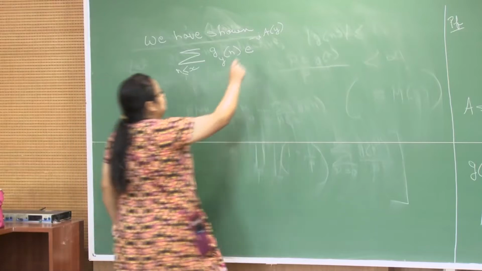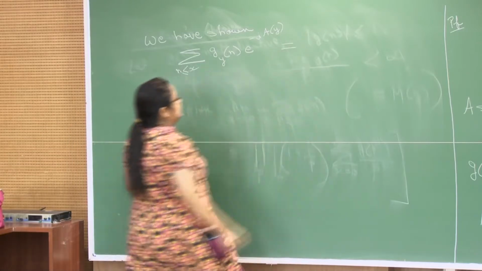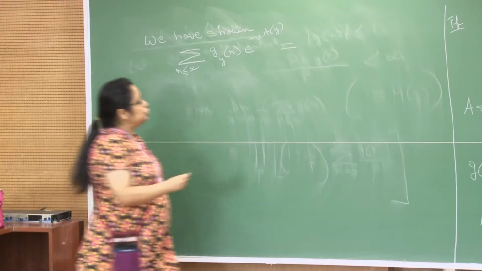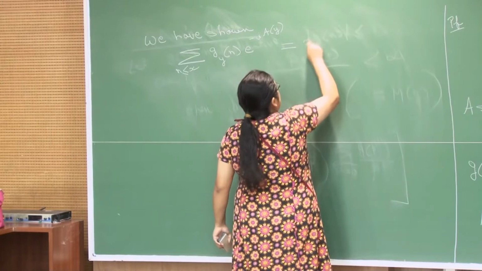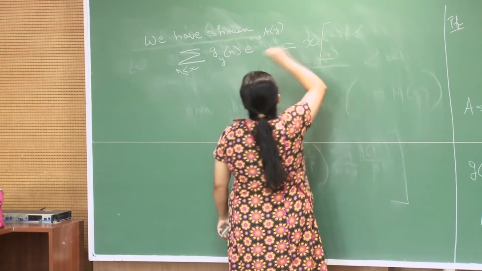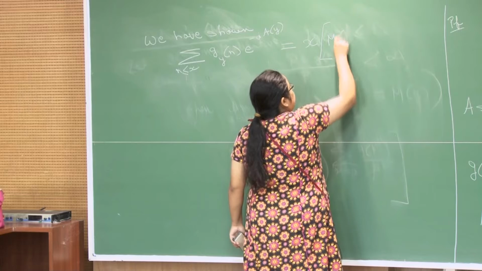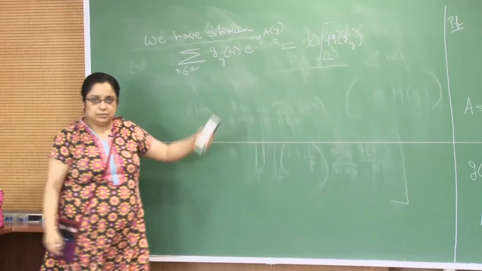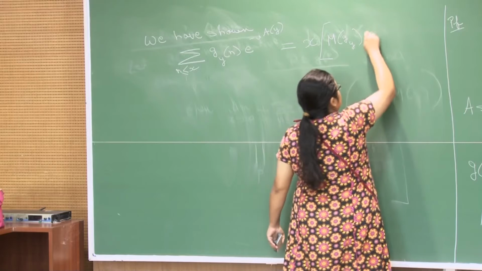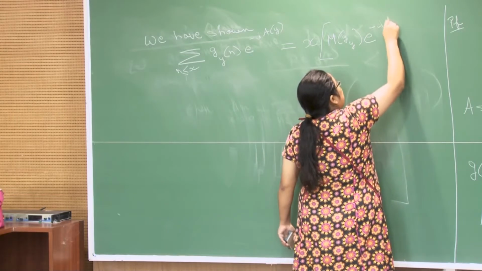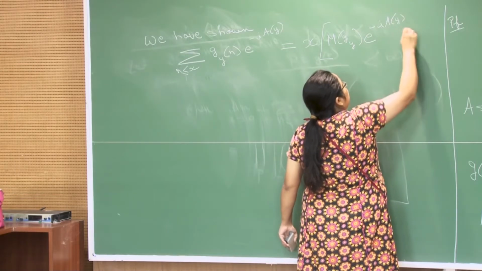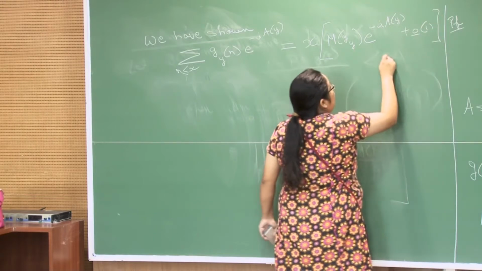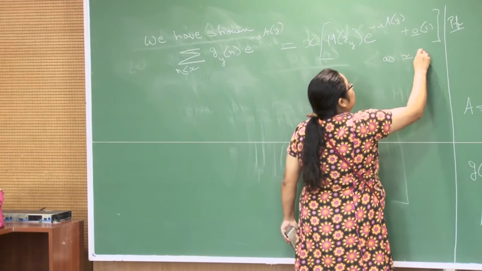So, we have shown that by extending the same argument as you had for g sub y, you can show that this is equal to x times m of g sub y, where this is that Euler product that I mentioned before, times e raised to the minus I a of y plus little o of 1 as x goes to infinity.